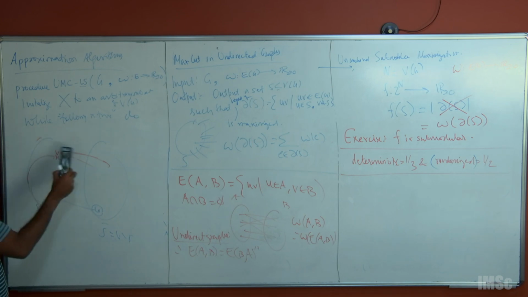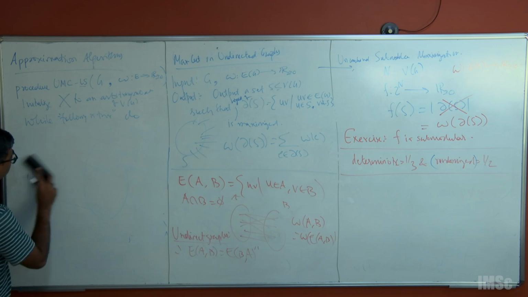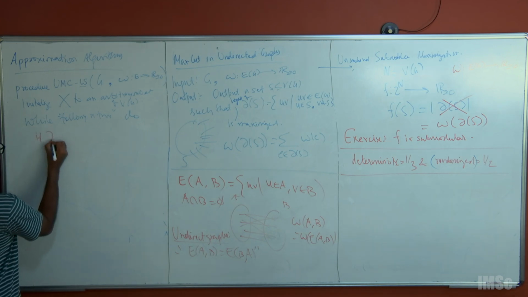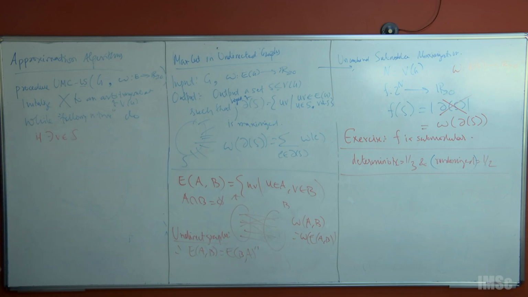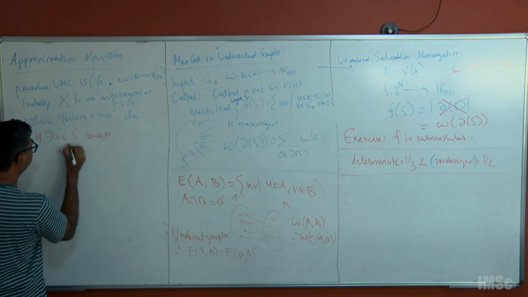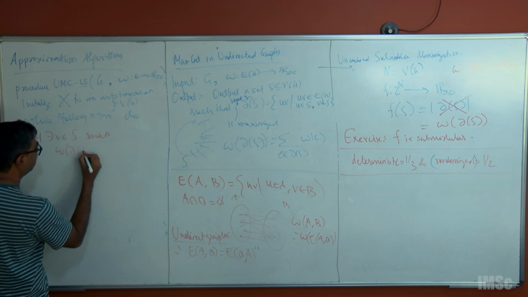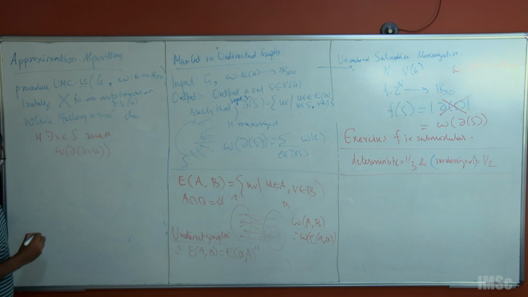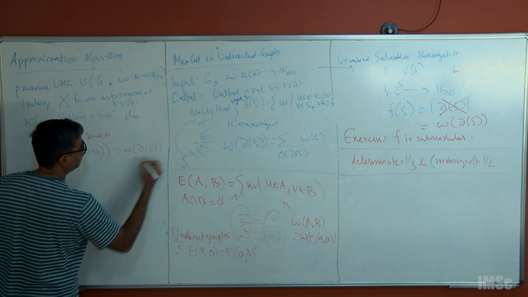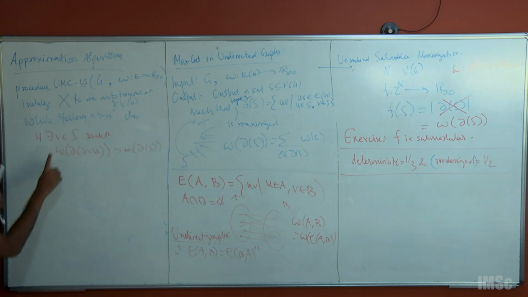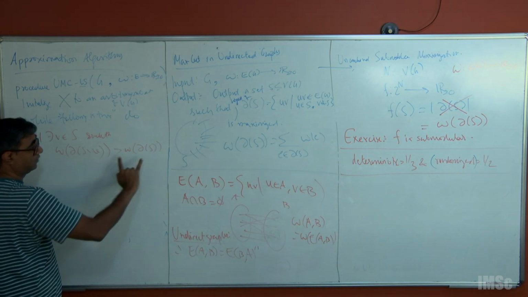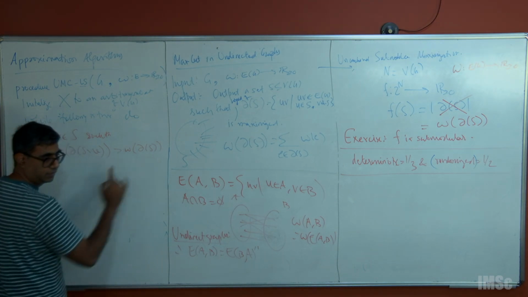So let's apply these moves. If there exists V in S such that the weight of delta of S minus V is strictly more than the weight of delta of S, then I should make this move.